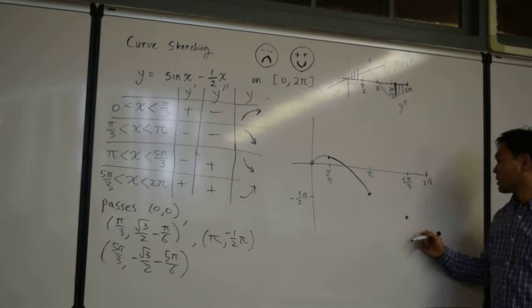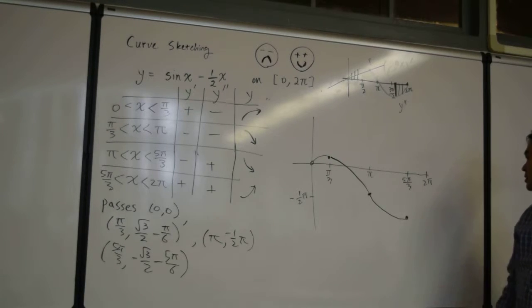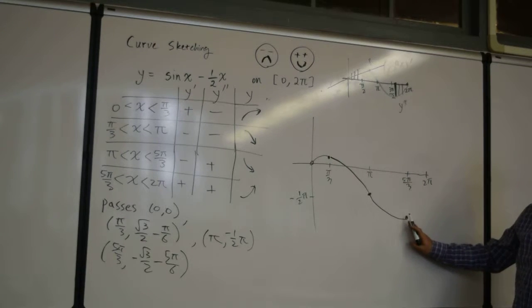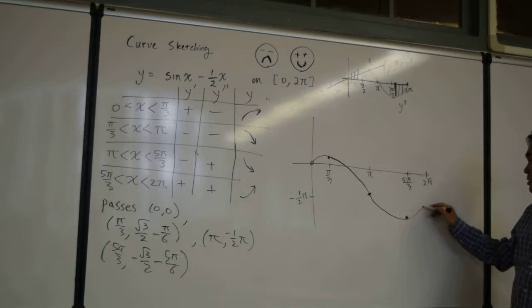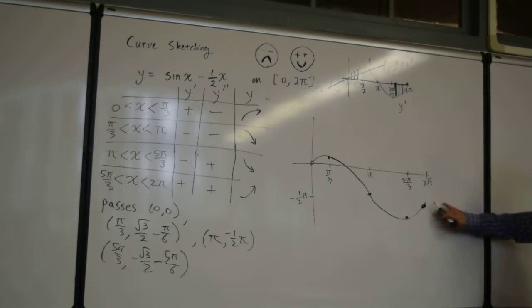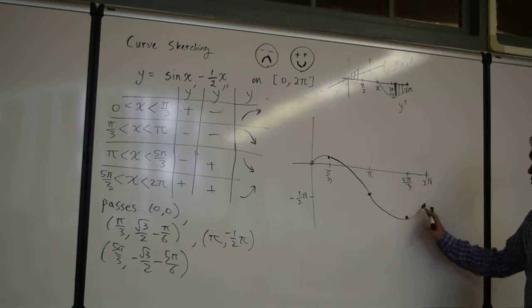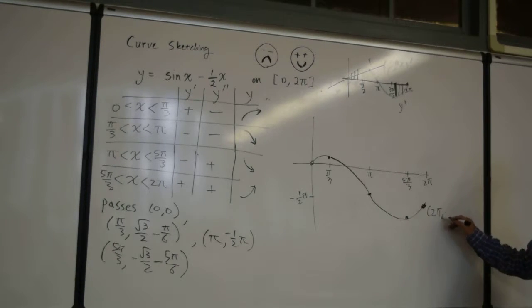And from pi to 5 pi over 3, it should be bending like that. And from 5 pi over 3 to 2 pi should be bending like this. And it might be helpful to know that at 2 pi you have the value of negative pi. So that's the graph.